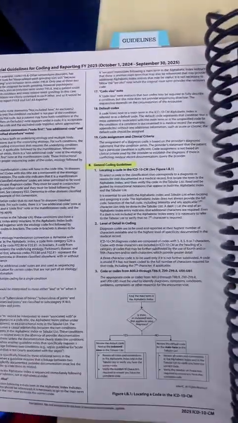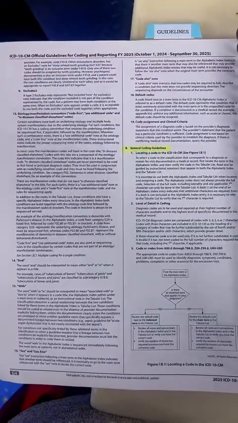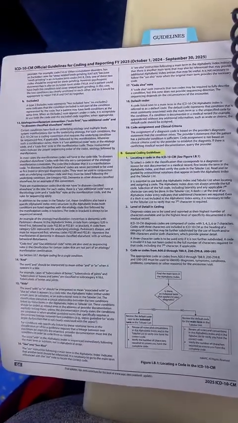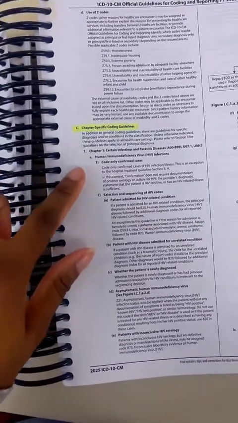Right here, you can see I highlighted B for general coding guidelines because that's another location that you need to know. And then you got C, your chapter-specific coding guidelines. I'm going to show you something real quick.